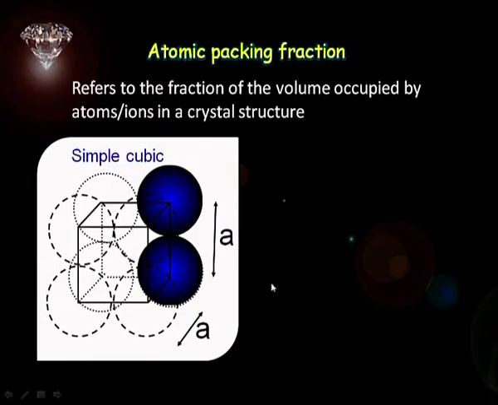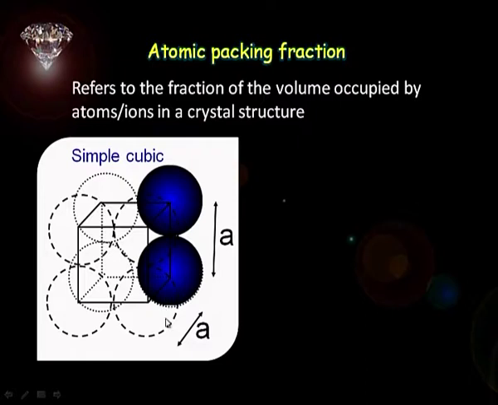Now, we will try to compute the atomic packing fraction for the 3 different variants of cubic unit cells. We start with simple cubic. This picture shows a simple cubic unit cell, and out of that I have just taken 2 atoms which are occupying these 2 corners.